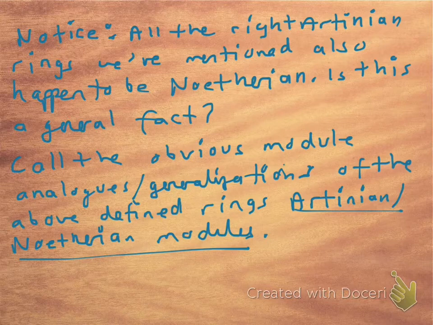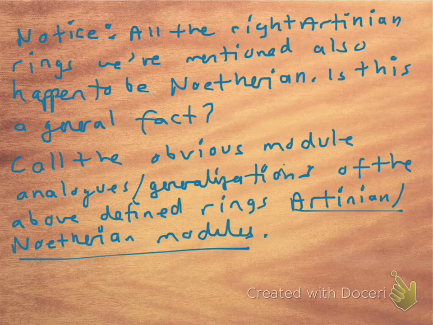We said that a finitely generated semisimple module, for which we gave the example of R being semisimple, is Artinian and Noetherian. We will actually indicate a proof of this later on.